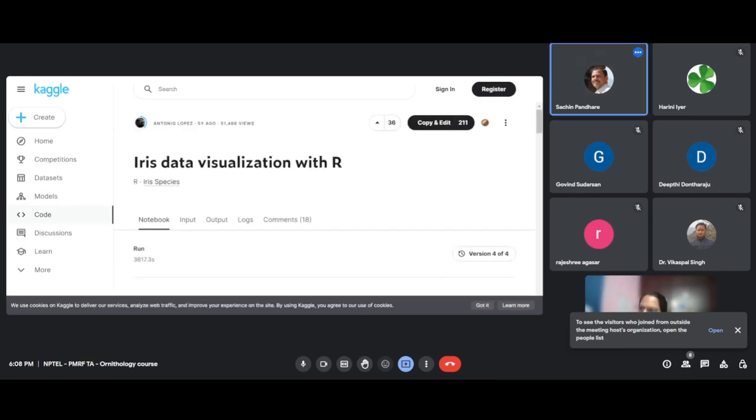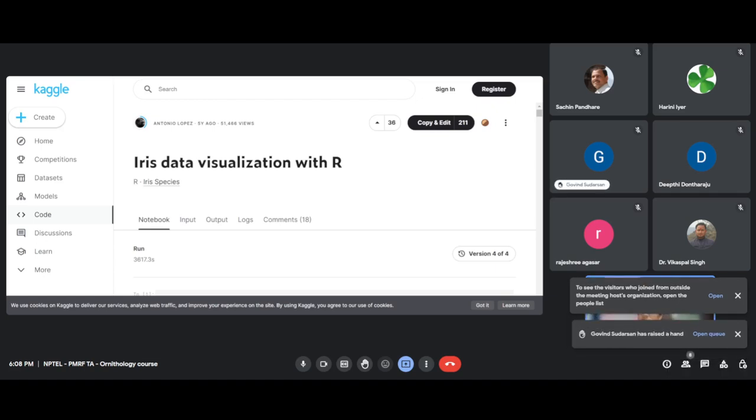Yeah. Okay, so R is a freely available programming language. You can download it and start using it. It might be a little intimidating at first. If you're more comfortable with Excel, you can download the data sheet, usually a CSV file. It will open in Excel and you can do whatever analysis you want.